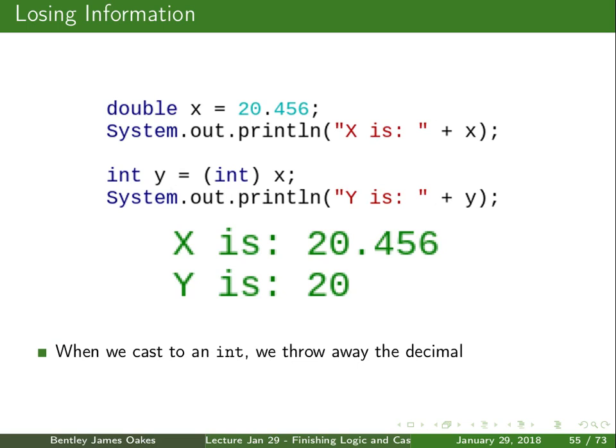Java is trying to protect you. It says if you want to throw away the decimal, you have to explicitly say, I want you to force this to be an int. Does that make sense? Any questions about that? We're casting, and when you're casting, you're saying to Java, I demand this be an int. So you have to write it in the brackets before the value you want to cast.